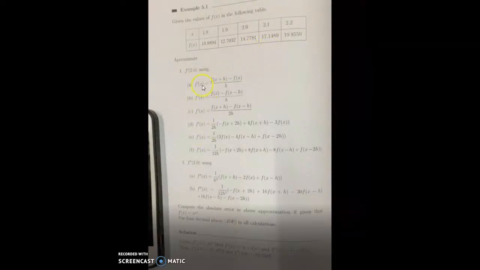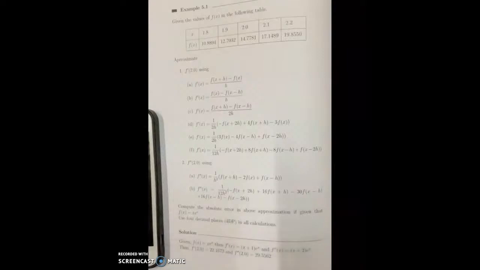To get the first order derivative, you can apply center, backward, forward, or 3-point formulas. You can use 4 formulas because 2.0 is at the center in the table.